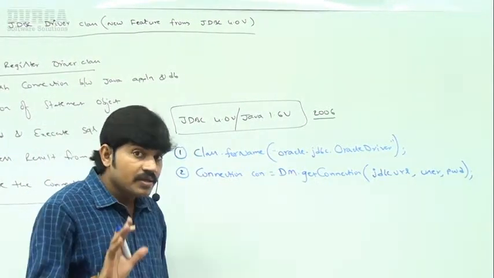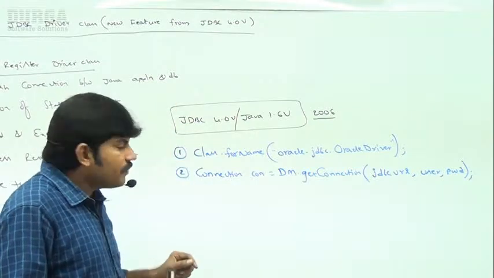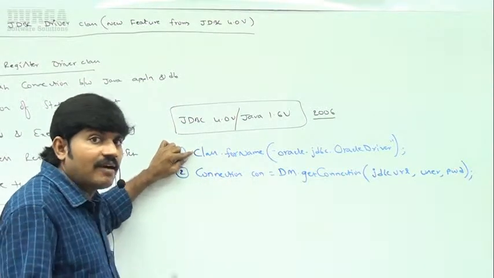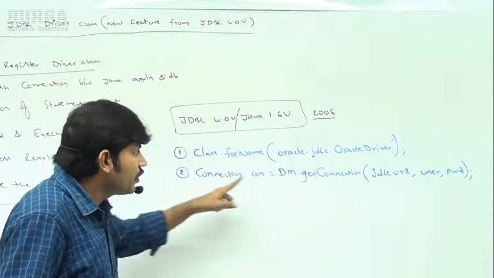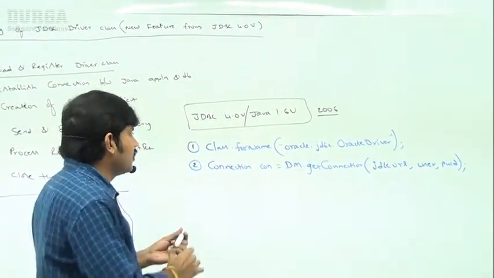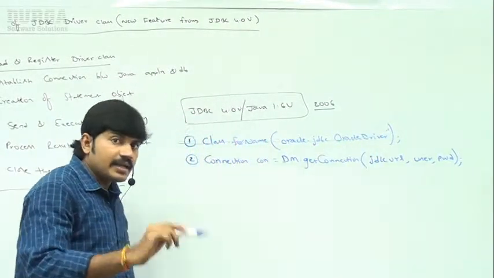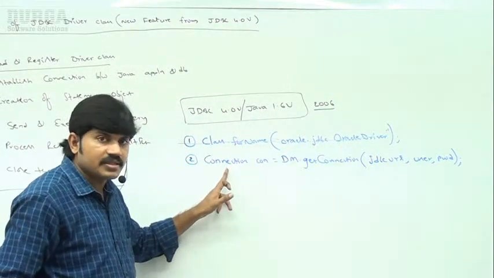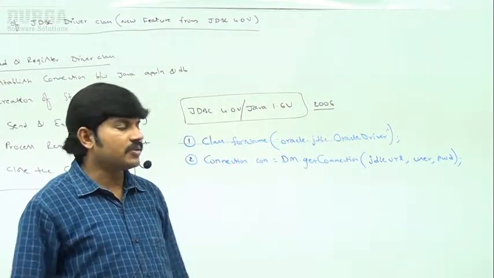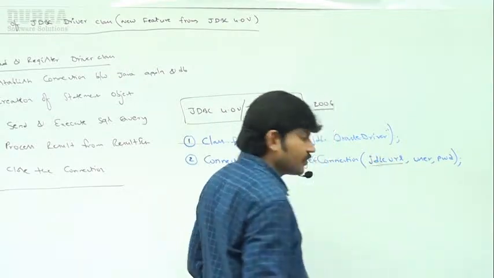Now observe, before JDBC 4.0 the load and register step is mandatory, and after that we establish the connection. But from JDBC 4.0 version onward, this step is not required. Directly you can create connections. How is it going to happen? Very simple, based on JDBC URL.